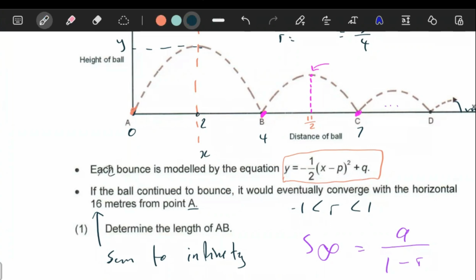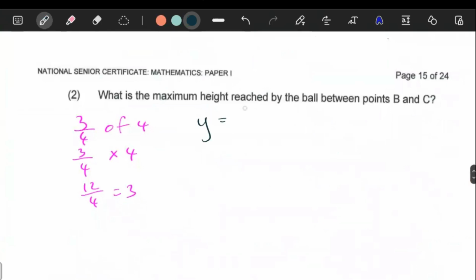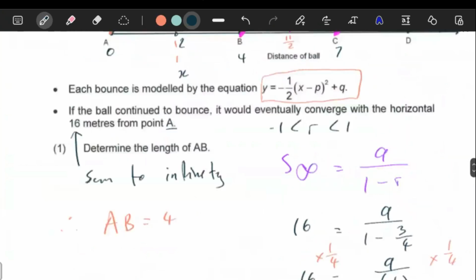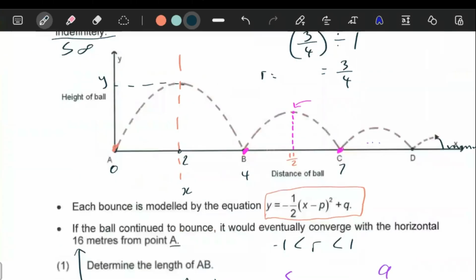They said each bounce is modeled by this equation. So what you know is, for each bounce, right, for each parabola, this is the equation. However, what we are saying is that all things considered, we are seeing that our X value of our height is at 11 over 2.